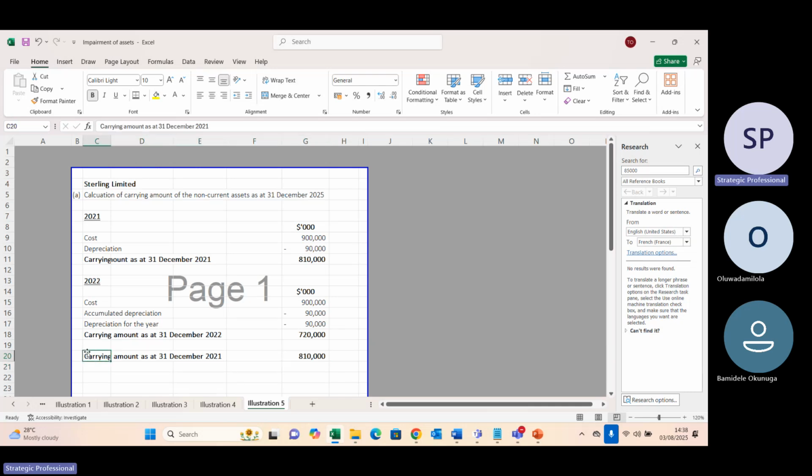This carrying amount that we used to close 2021 will be the opening balance. Then the depreciation is already constant for the whole year, 90,000. So you still get 720,000. You see that it's still the same thing. It just depends on which one you understand better.